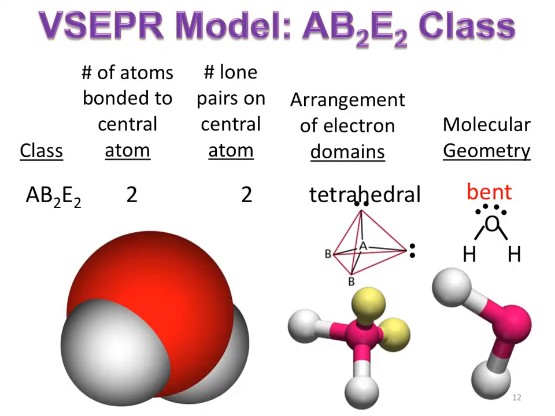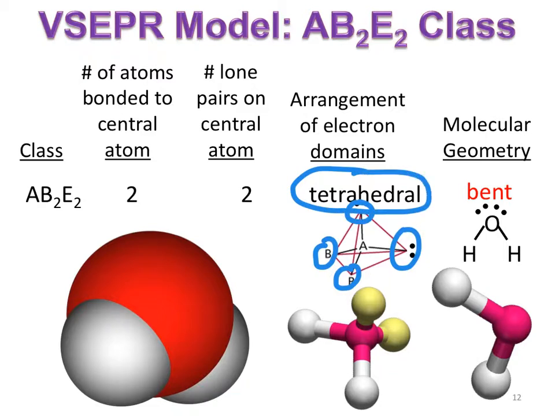Our next class is the AB2E2 class. We have 2 bonding domains, 2 lone pair domains, for a total of 4 domains. Hence, the electron domain geometry is tetrahedral. However, the molecular geometry is not the same. These molecules are bent.